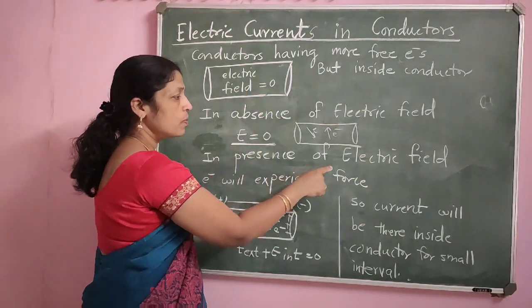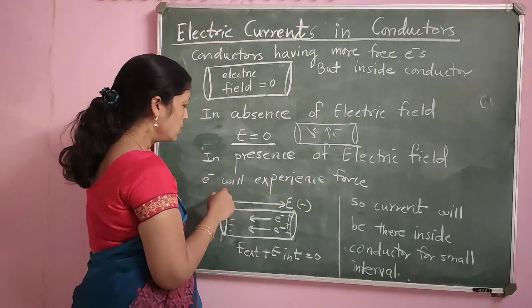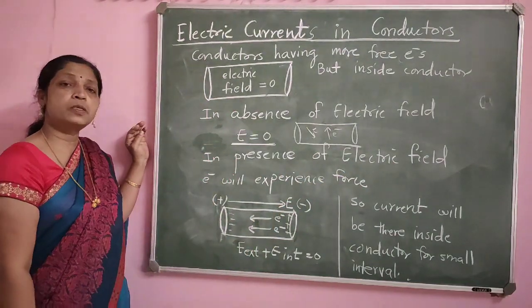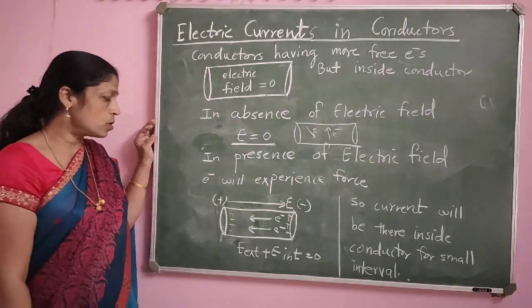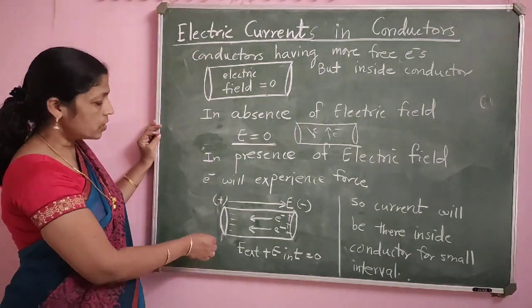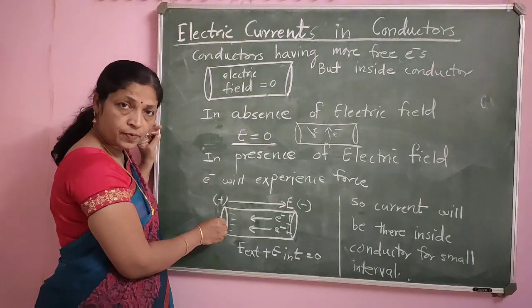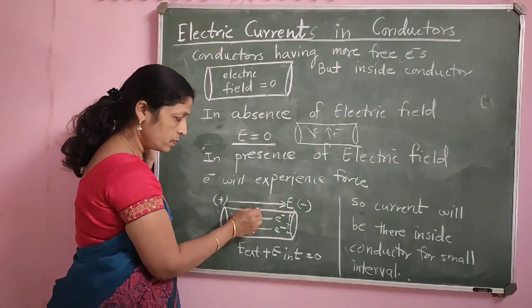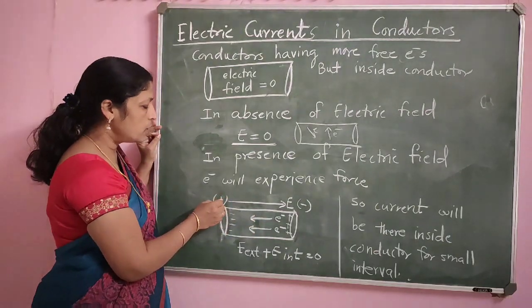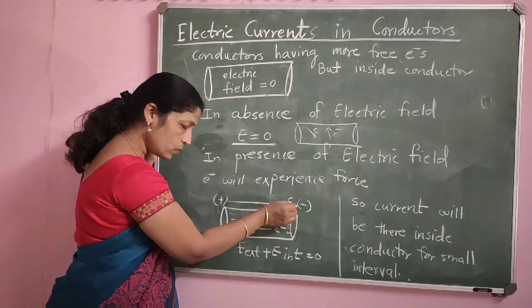In presence of an external electric field, the electrons will experience a force and they get drifted. So how are the electrons drifted? Let us consider a conductor to which we have applied an electric field. Electric field is always from positive to negative.